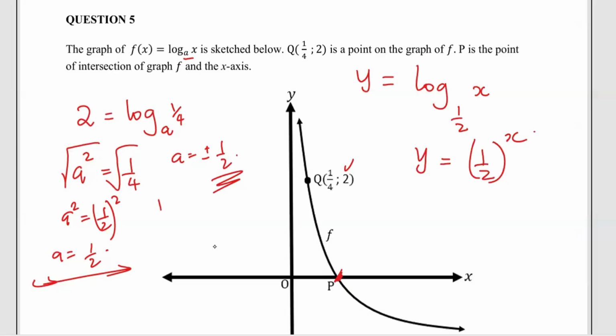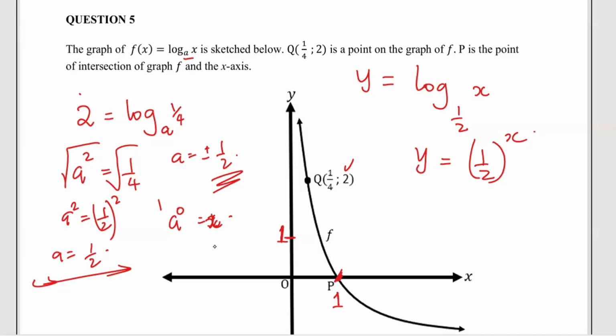Meaning that if we have a half, this is a y, no? We're saying it's 0. So a to the 0 must give us the x value. Anything to the exponent of 0 will be just 1. So this is (1, 0). So let's just switch these points. If this is (1, 0), then the other one is going to be (0, 1), somewhere there.